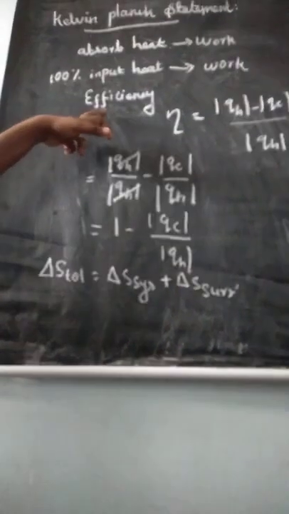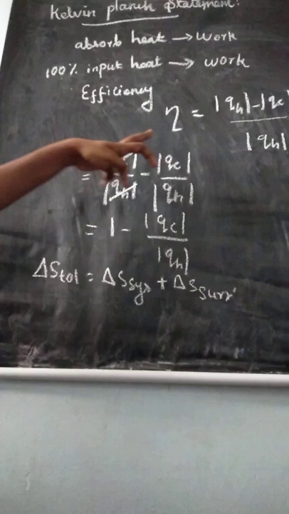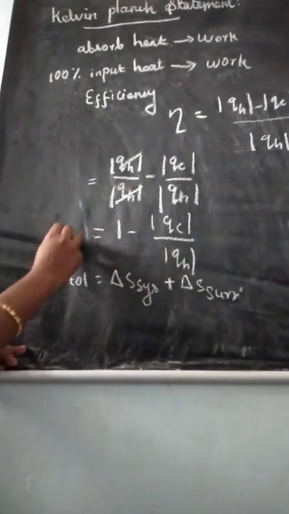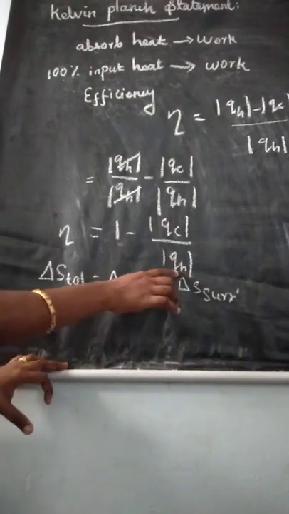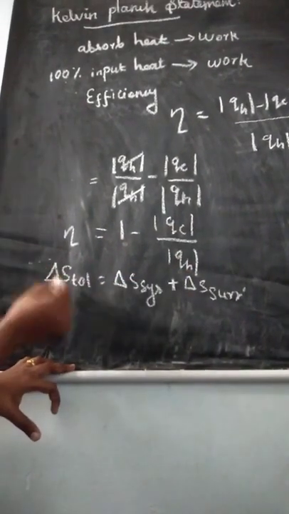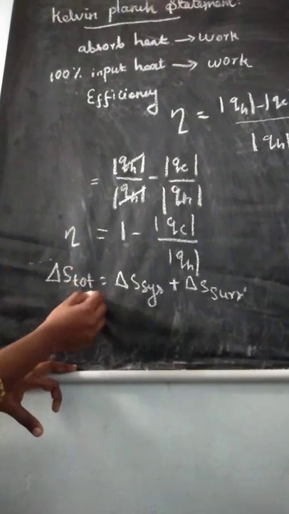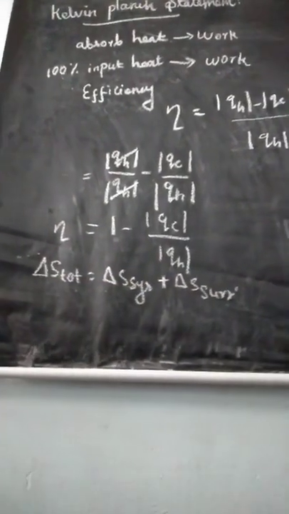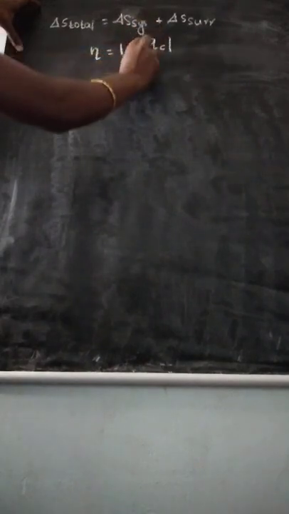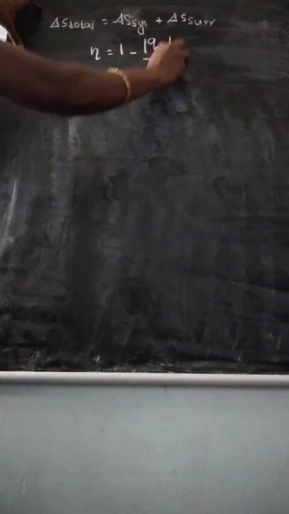First we learn the topic efficiency. For efficiency eta, we got the formula: eta is equal to 1 minus QC divided by QH. Already, for a reversible process, we learned delta S total is equal to delta S system plus delta S surroundings. Understand this? Okay, listen.